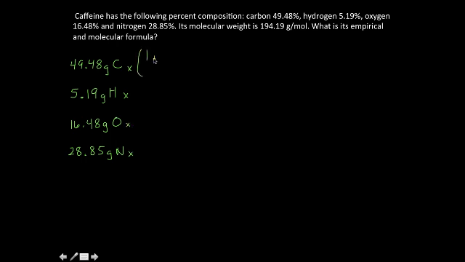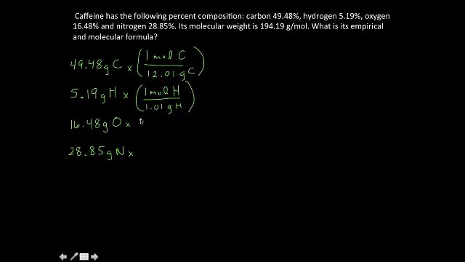Now I can multiply these all by my conversion factors found on my periodic table. 1 mole of carbon is equivalent to 12.01 grams of carbon. 1 mole of hydrogen is equivalent to 1.01 grams of hydrogen. I'm getting this all off the periodic table.